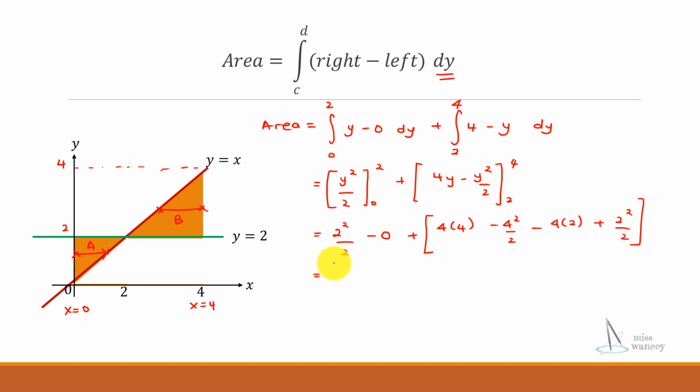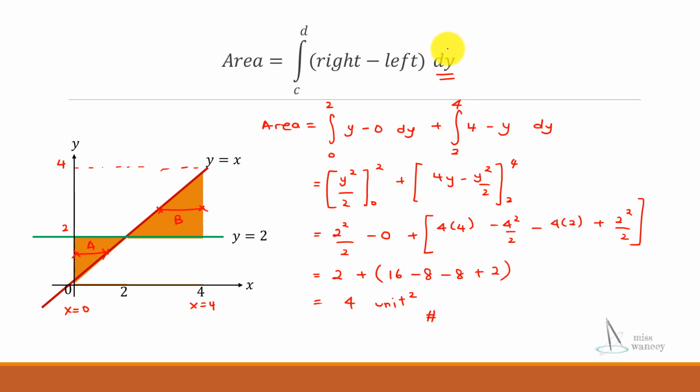Okay, so let us simplify. 2 squared is 4. 4 over 2 is simply 2, plus 4 times 4 is 16. 16 over 2 is 8. And then we have negative 8. And then over here, this is 2 squared, which is 4. 4 over 2, so that is also 2. So we got 16, negative 8 cancel out. So this one will become 4 unit square.